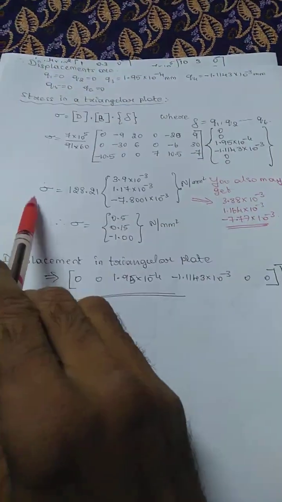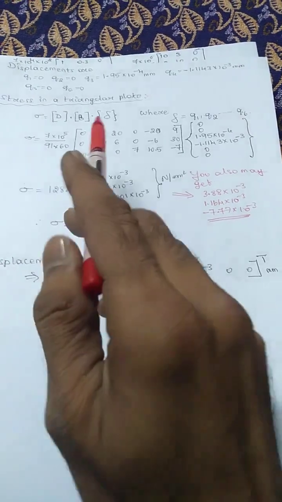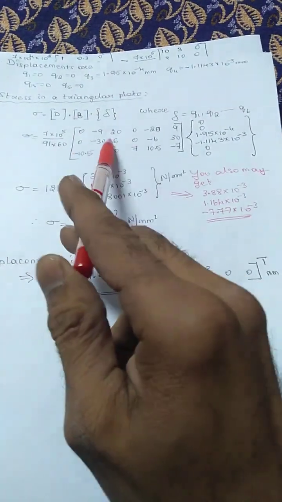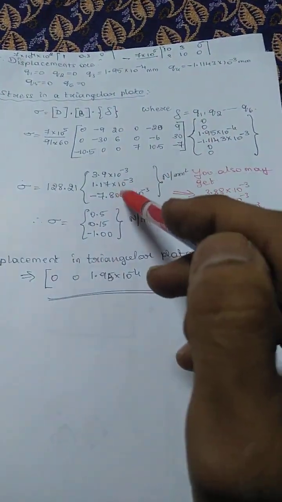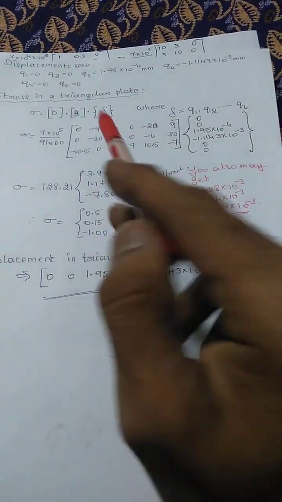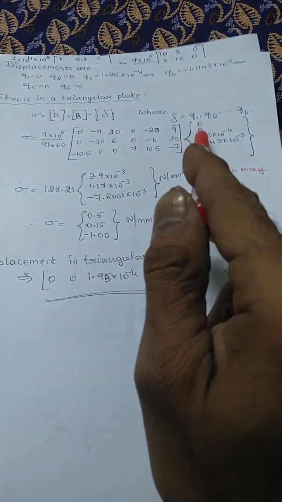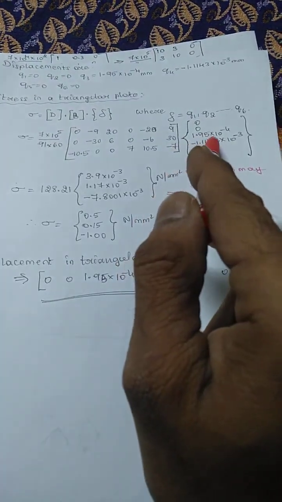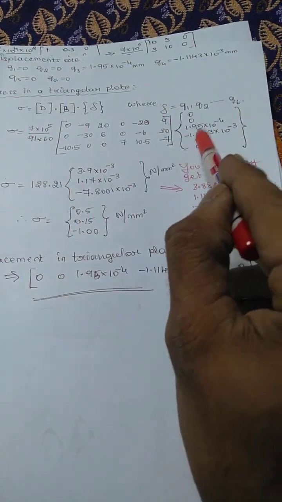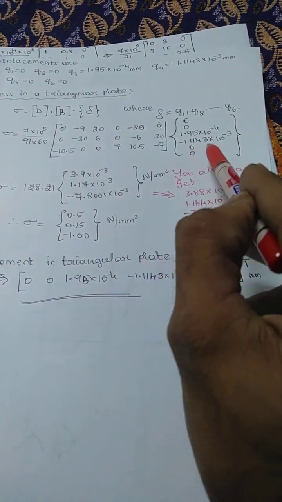Sigma is equal to 128.21 into this, same method as you calculated dB. Multiplying, 0 into 0 is 0, minus 9 into 0 is 0, 20 into 1.95 into 10 to the power minus 4, plus 0 into this one is 0.